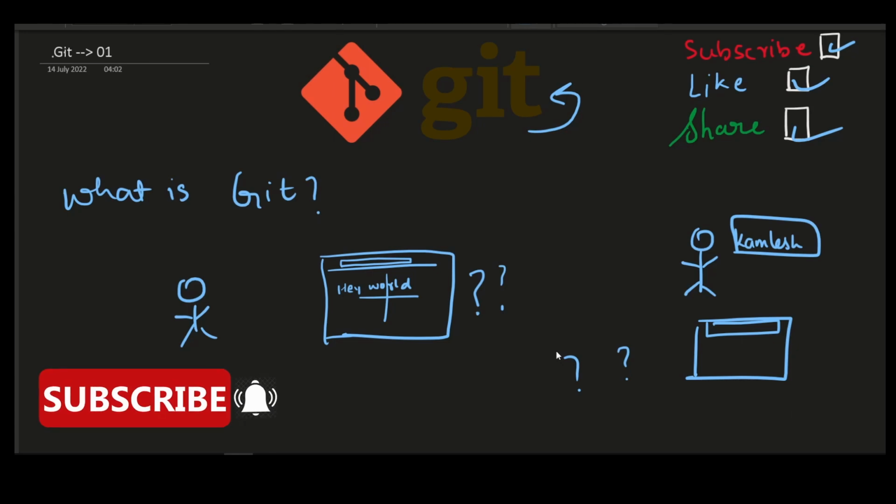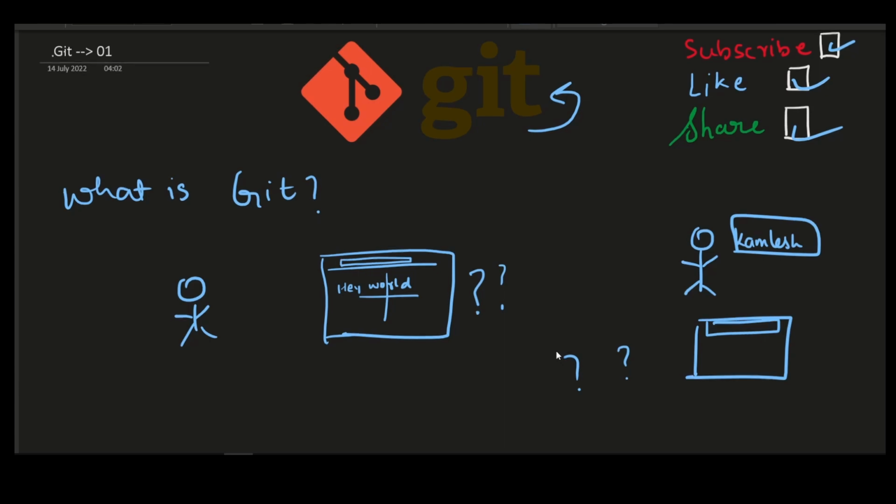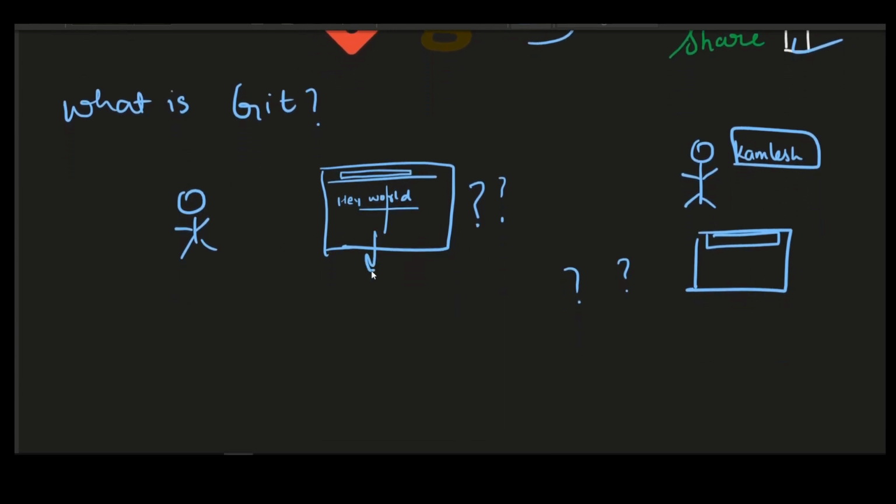But you think, what if the changes he makes don't come into my website as well? You don't know anything about Git, you've only heard about it, but Git can do that as well. What Git does is keep a record of any changes you make in this website, so that the changes Kamlesh makes in your website get changed simultaneously in your website as well.